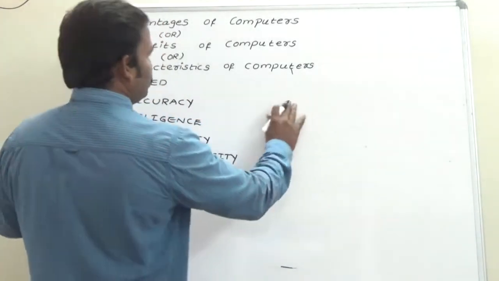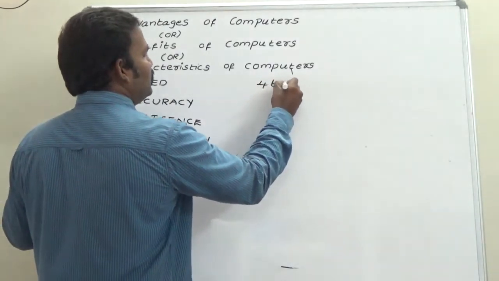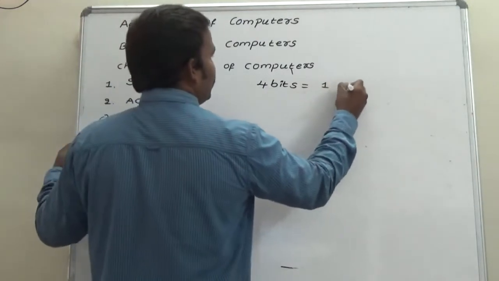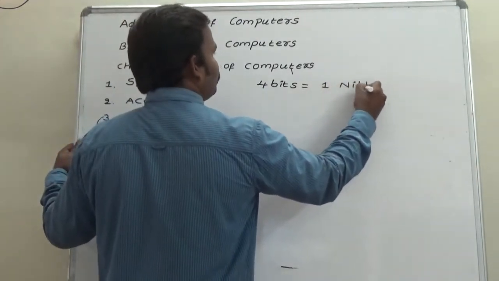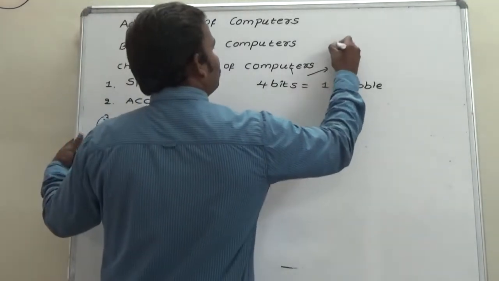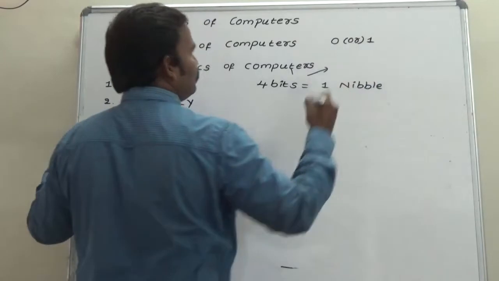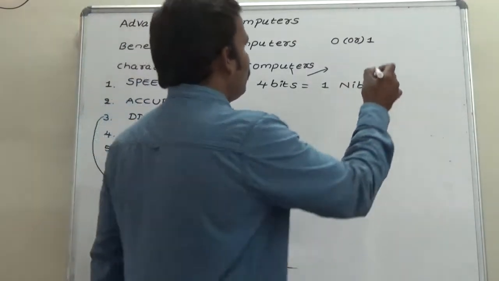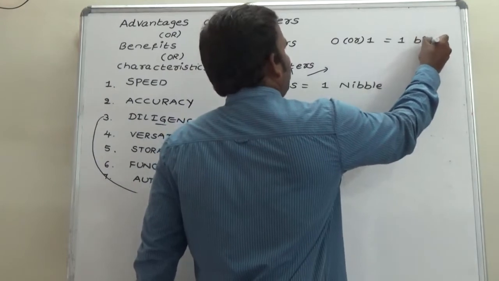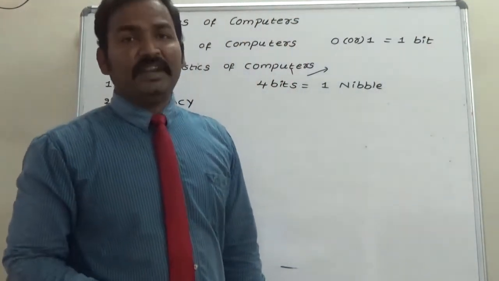Here, 4 bits is equal to 1 nibble. Bits are nothing but 0 or 1; either 0 or 1 is equal to 1 bit.